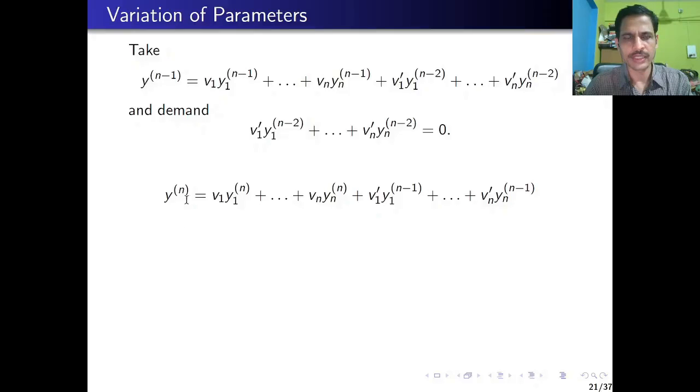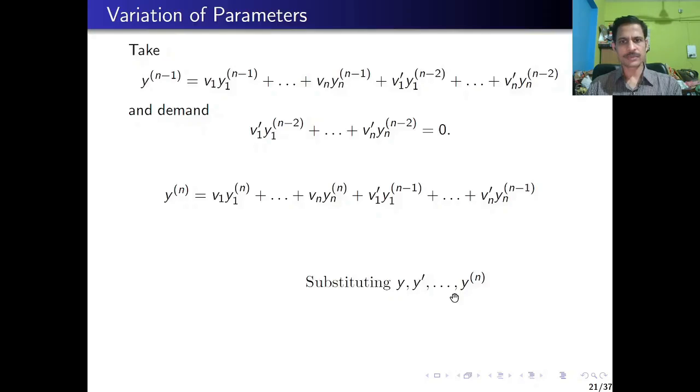So the nth derivative of y is equal to v1 times the nth derivative of y1 plus dot dot dot plus vn times the nth derivative of yn, plus v1 prime times the (n minus 1)th derivative of y1 plus dot dot dot plus vn prime times the (n minus 1)th derivative of yn.